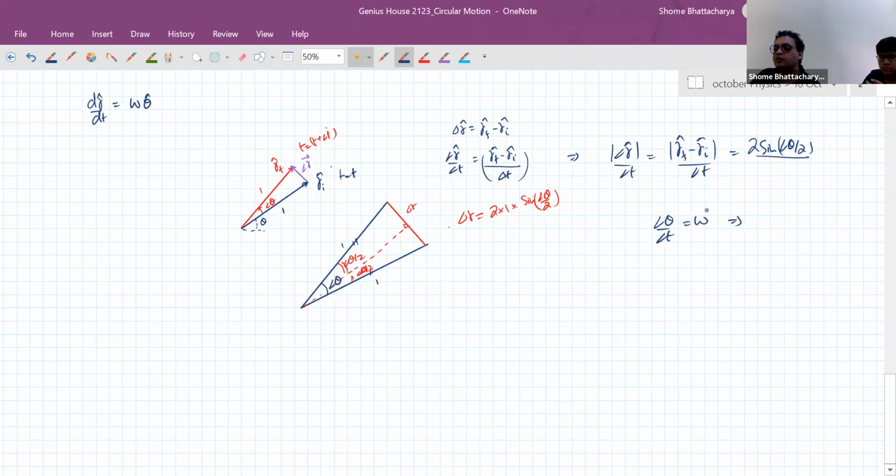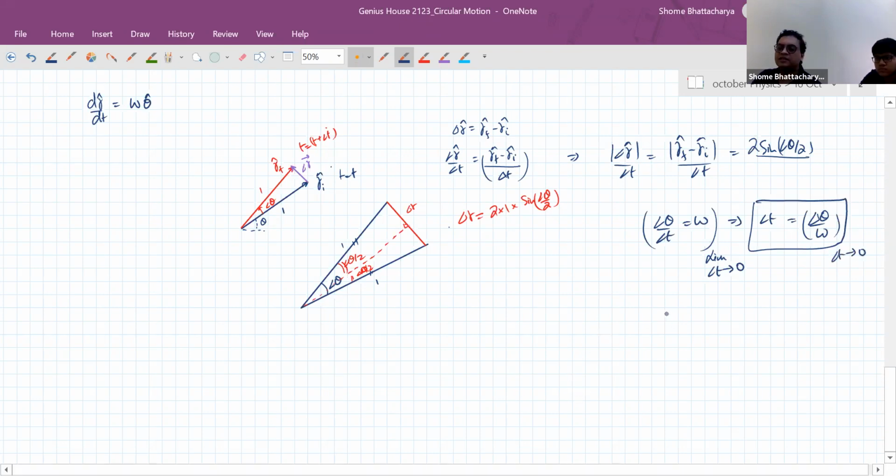So for the limit delta t tending to 0, I can do that. Your delta t for this limit will become delta theta by omega, of course on the condition that delta t is tending to 0.